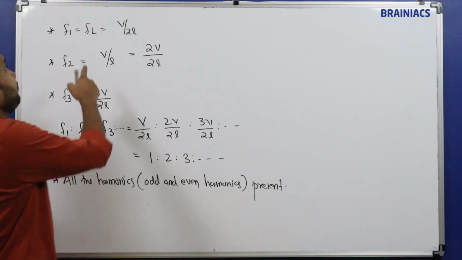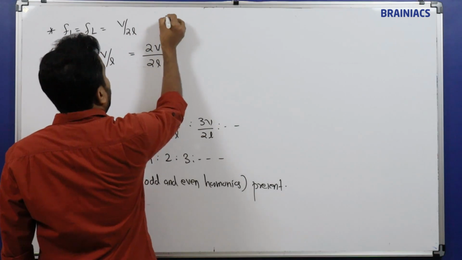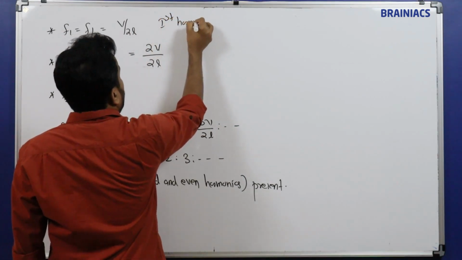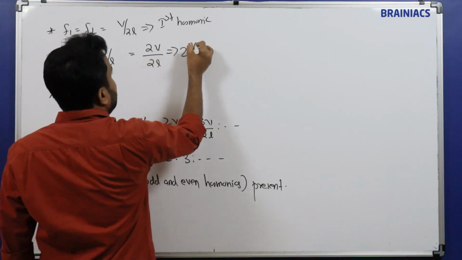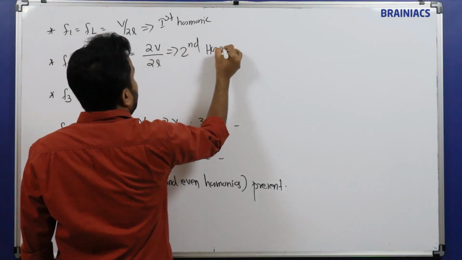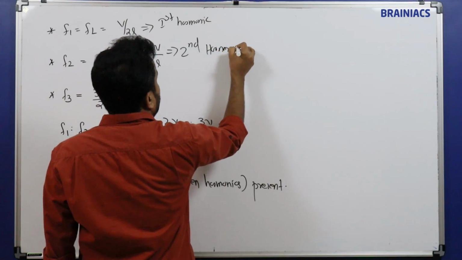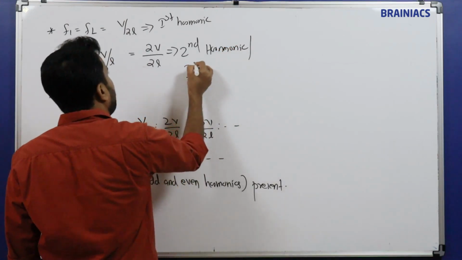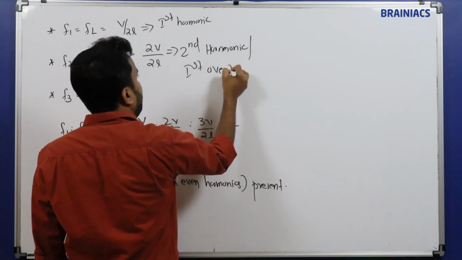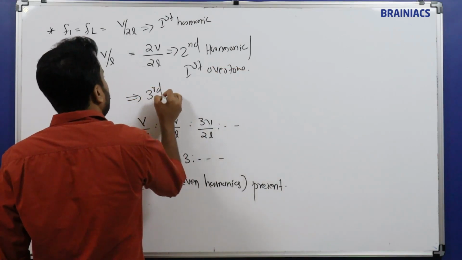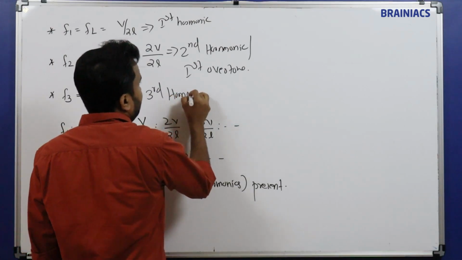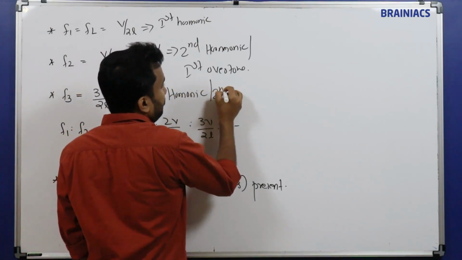Another key point: this is called the first harmonic. This is called the second harmonic, so what will we call it? The first overtone. This is called the third harmonic, and this is which overtone?